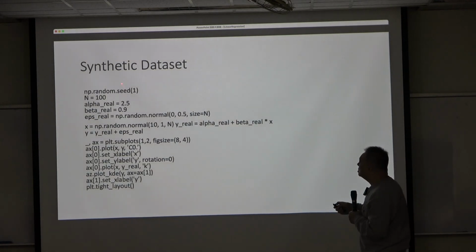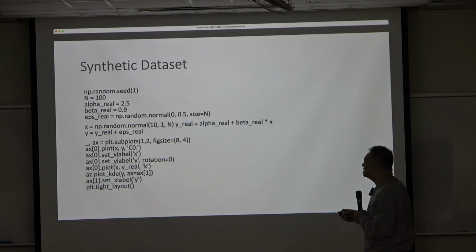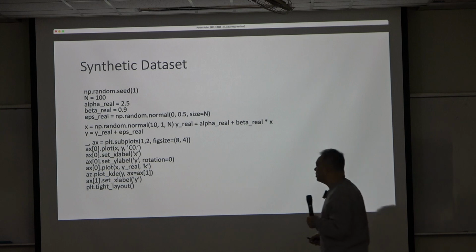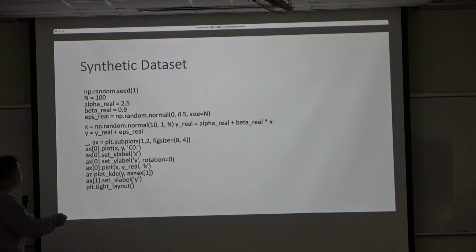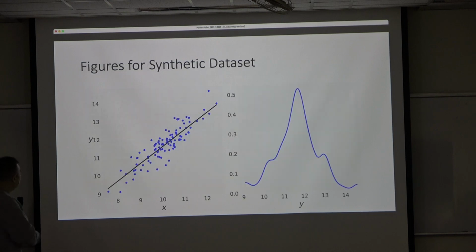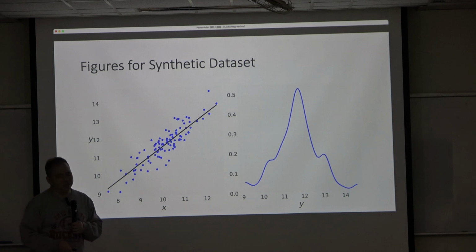If you want, you can synthesize a data set like here. We set a random seed and we generate 100 points. I will not go into the detail, but just point out that these numbers are not purely randomly generated.